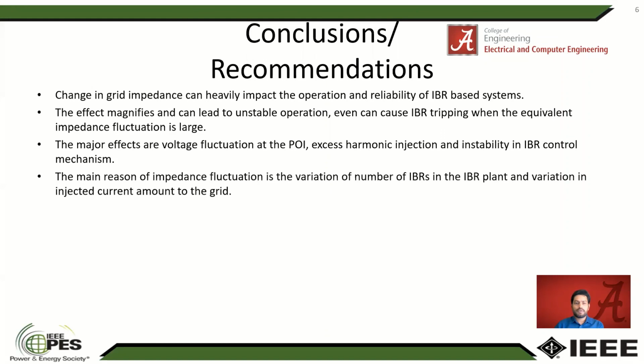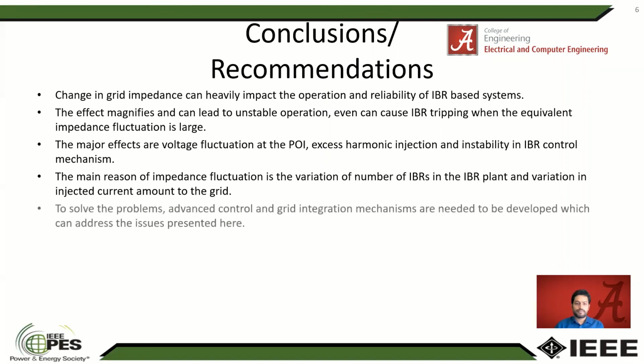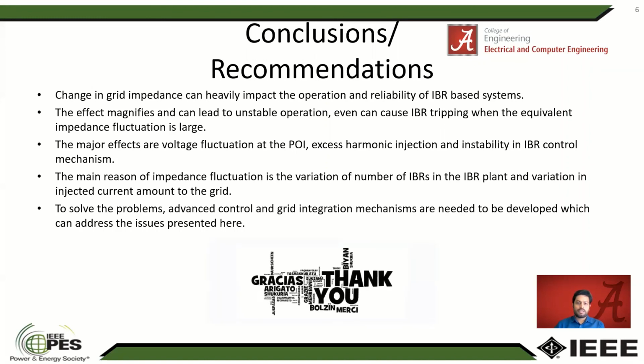The main reason for the impedance fluctuation is the variation of the number of IBRs in the IBR plant and the variation in the current injection amount to the grid. To solve the problem, advanced control mechanisms and grid integration mechanisms need to be developed, which can address these issues presented here. Thank you very much for paying attention and have a great day.